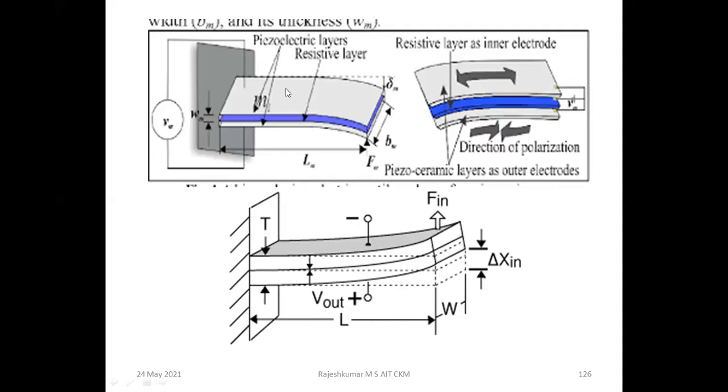With respect to the layers, there will be three layers. Above and below are the piezoelectric layers, and the middle one is the resistive layer. That resistive layer works as an inner electrode, and the piezo ceramic layers work as outer electrodes.